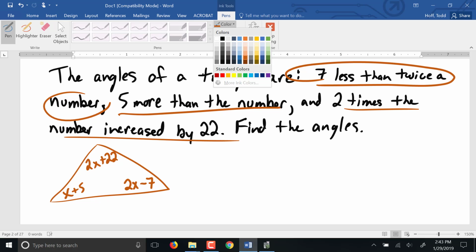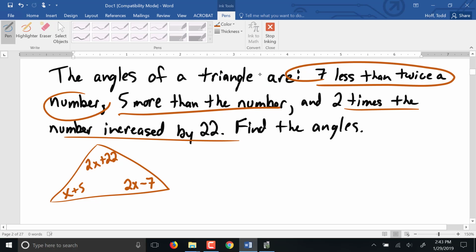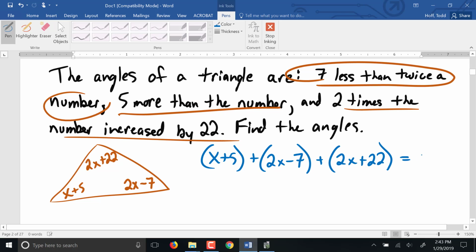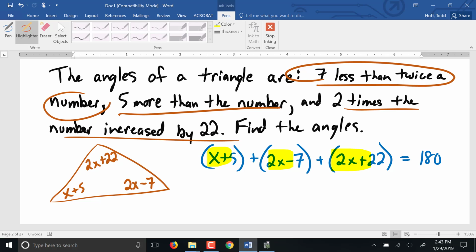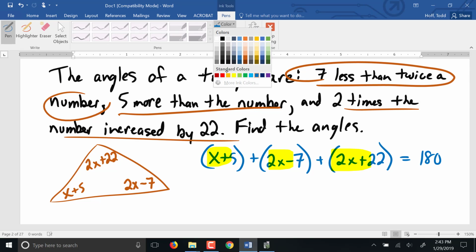In a triangle, the three angles have to add up to 180 degrees. So x plus 5 plus 2x minus 7 plus 2x plus 22 have to add up to 180. Now the order that you have these here doesn't matter. They should add up to the same thing. Let's go ahead and add them up.